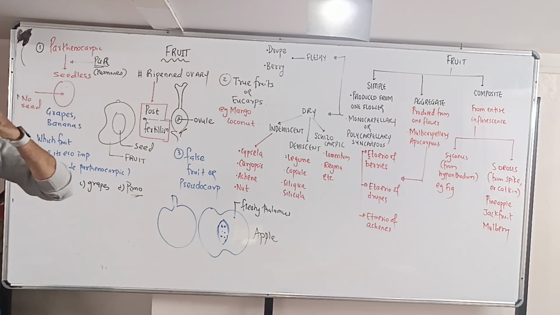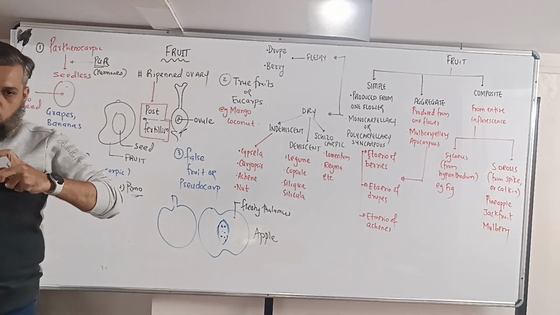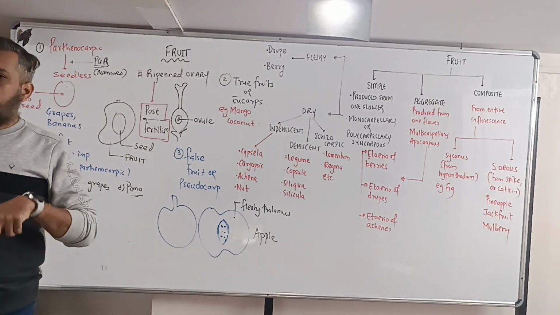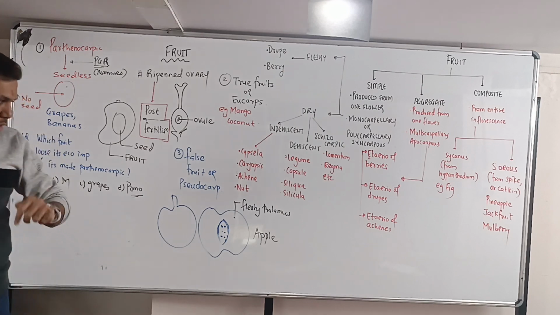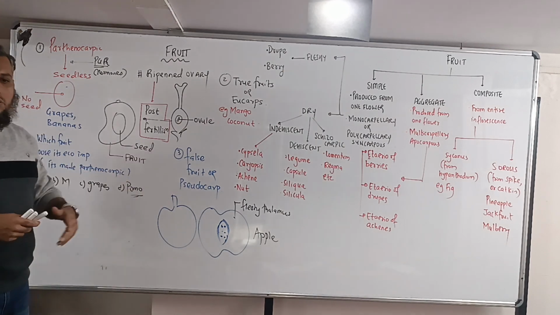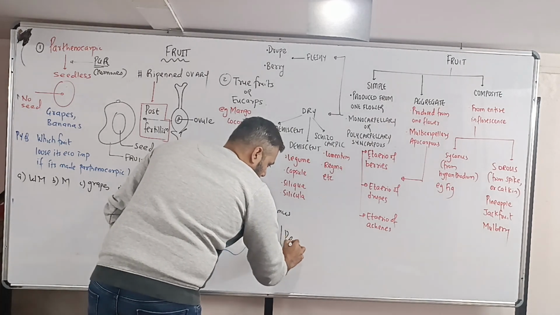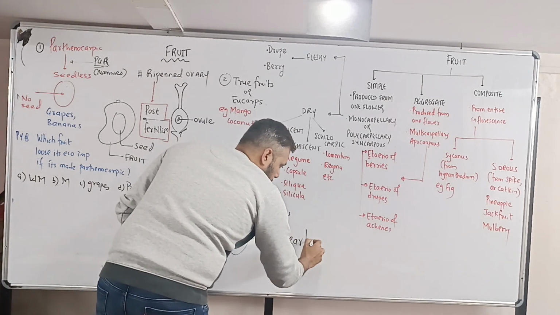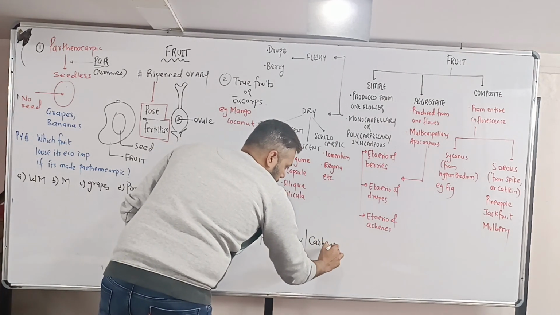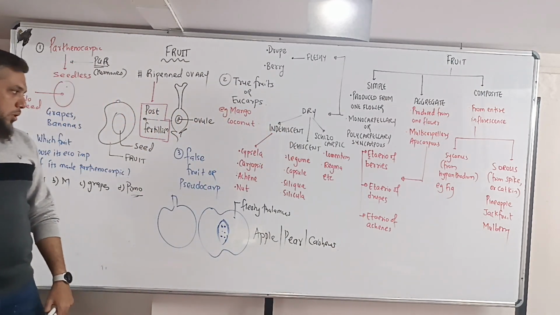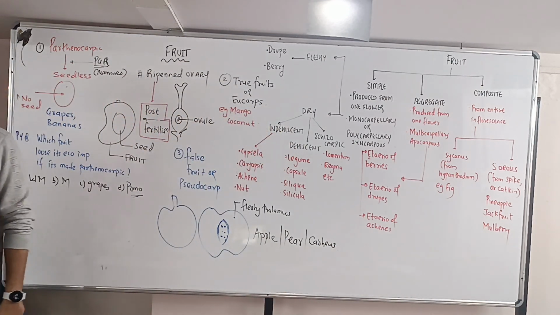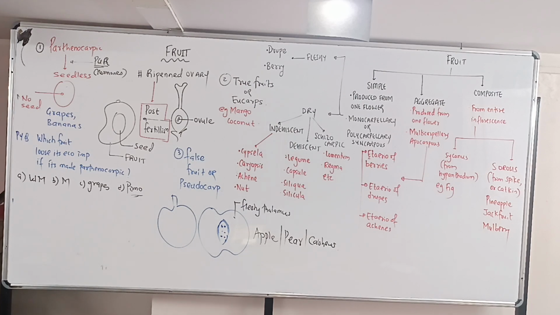So for the development of an apple, only the ovary has participated or parts other than the ovary have participated? So it will be called which fruit? Many commonly occurring fruits like apple, pears, and cashew nuts are examples of false fruits. Did you understand?